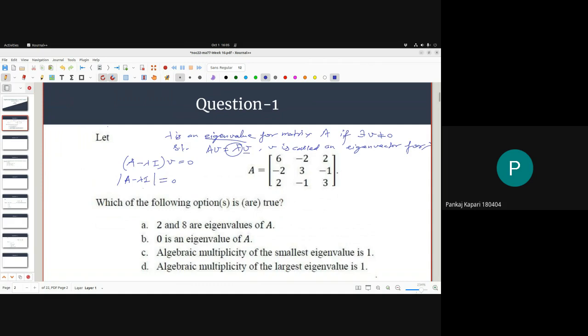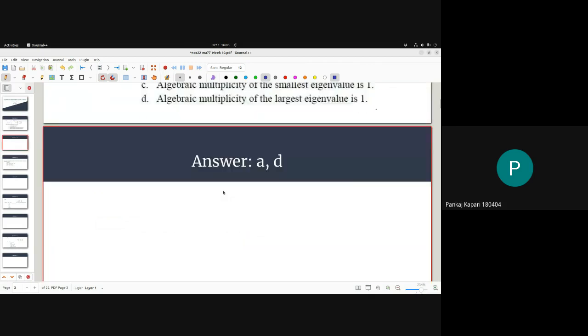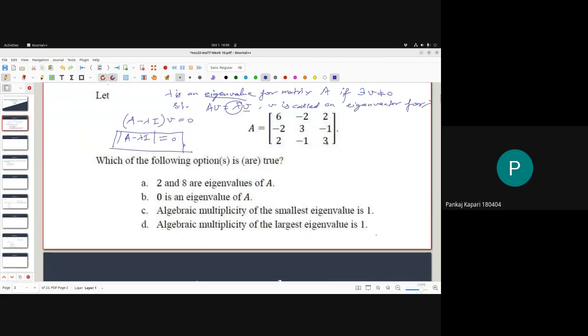So this equation gives us the eigenvalues, and we will do this for the given matrix.